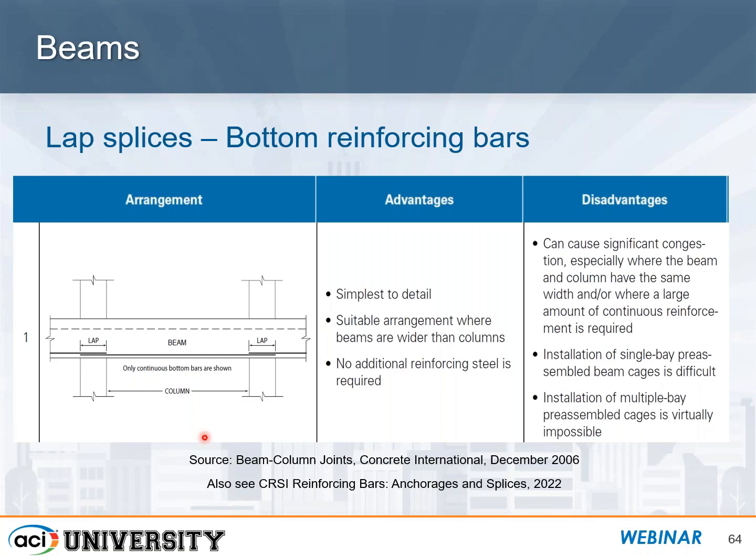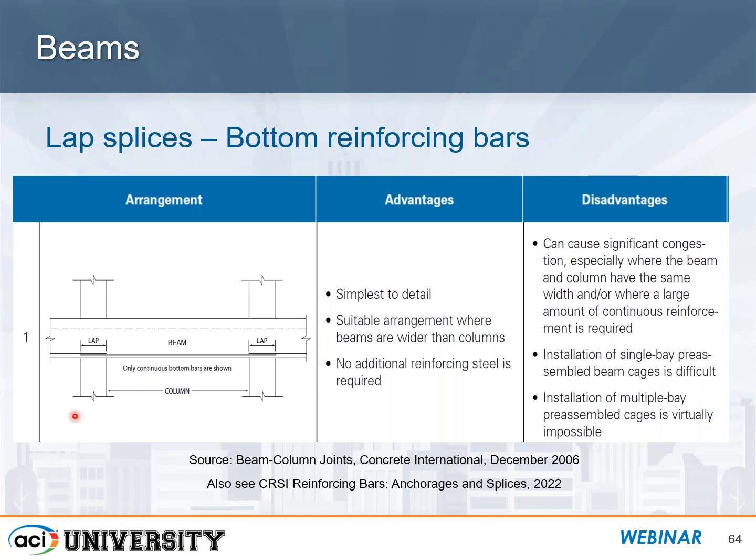They're very easy to use when the beams are wider than the columns, and you don't need any additional reinforcing steel, which you'll see in our next sets of details you may need in those particular cases. Some of the disadvantages of this typical detail is you can have a lot of congestion at the intersection between the beam and the column where these lap splices are occurring.